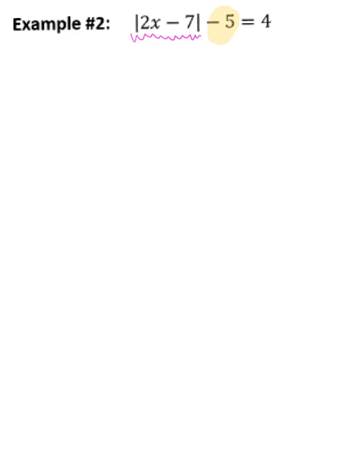So we want to start and get the absolute value bars alone before we do our split into the positive and negative equation. Okay, so we are going to get this 2x minus 7 inside the absolute value bars alone before we split.